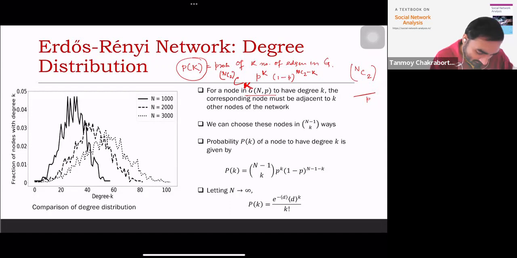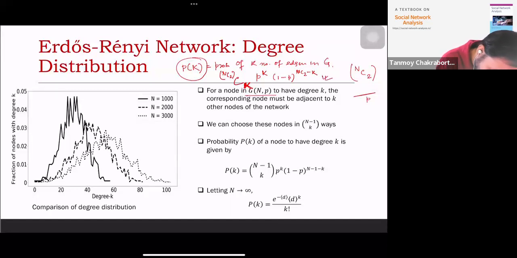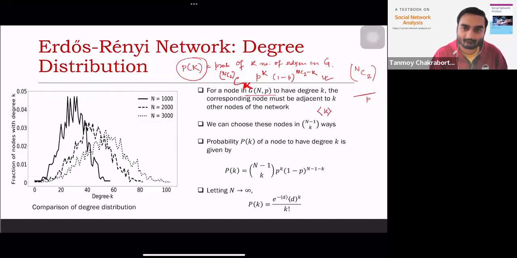Okay, so if this is so, look at this equation. Since this is a binomial distribution, what is the mean value of this random variable capital K? What is the mean of a binomial distribution?